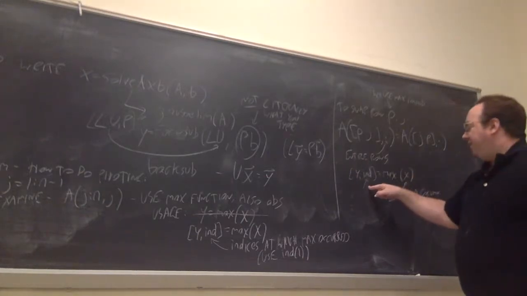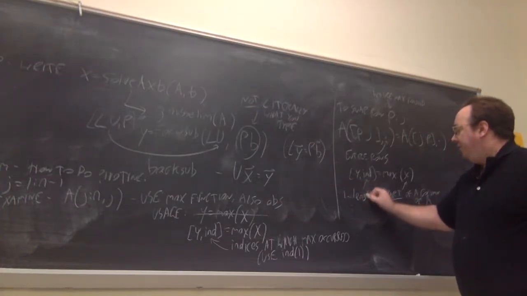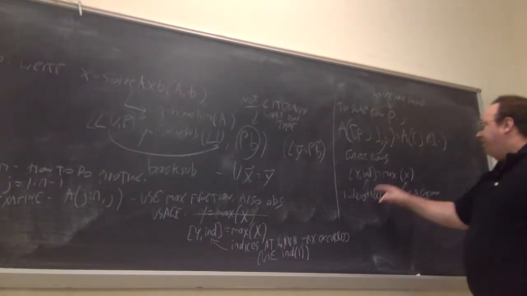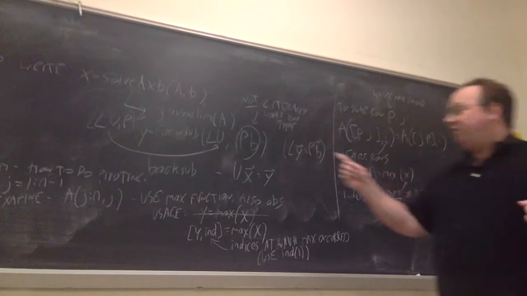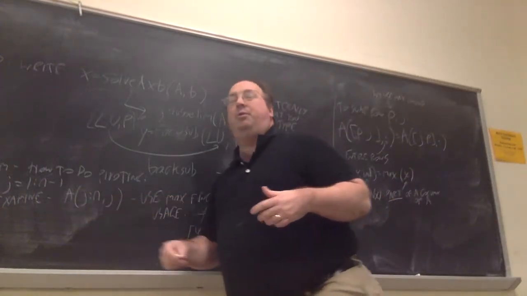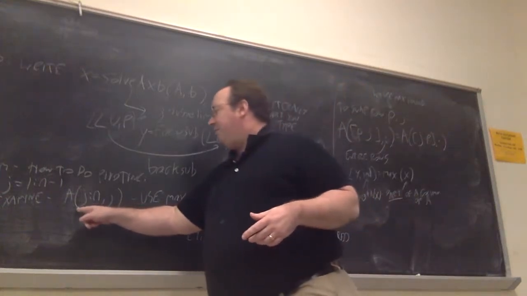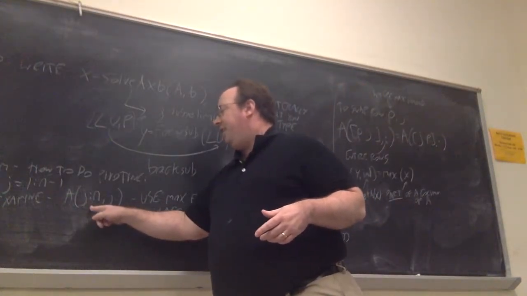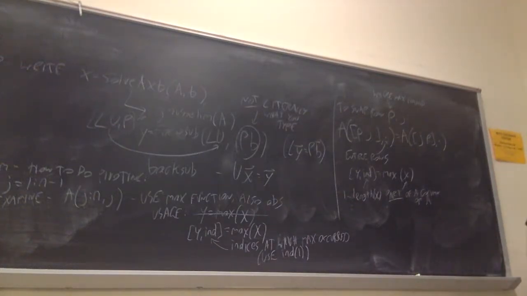The index here is from 1 up to the length of x, whatever you pass in. For example, suppose I have a 10 by 10 matrix and I'm working on column 3. I have rows 3 through 10 of column 3. That's a vector of length 8.